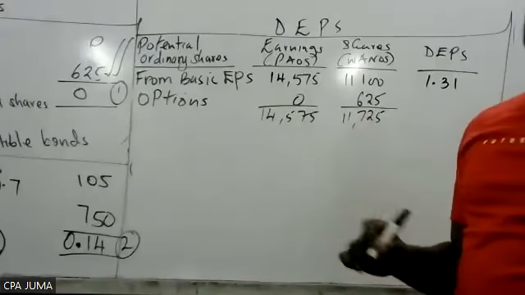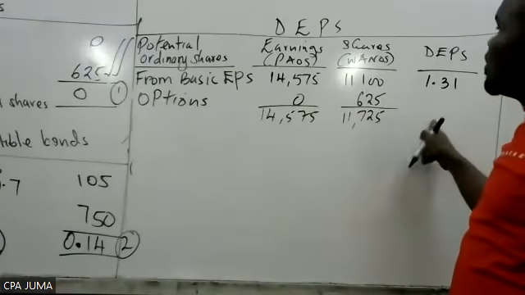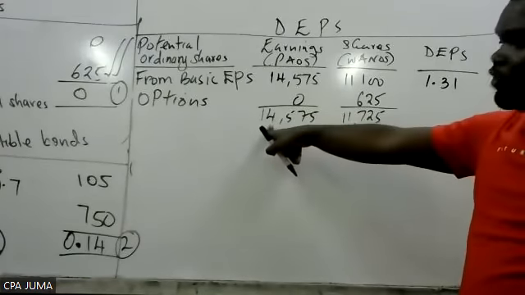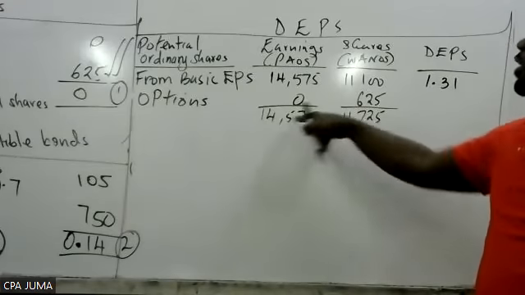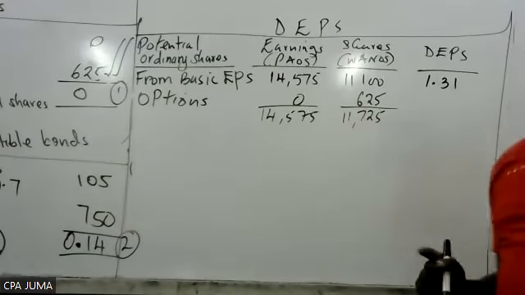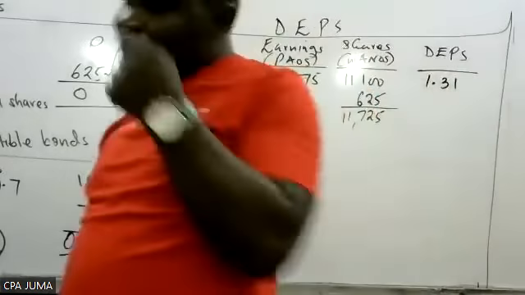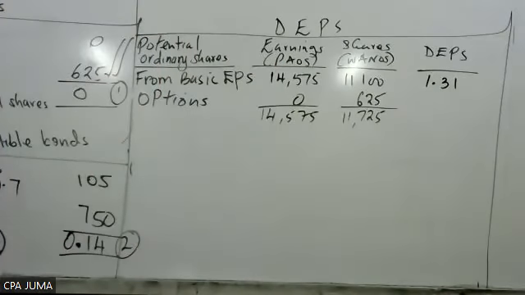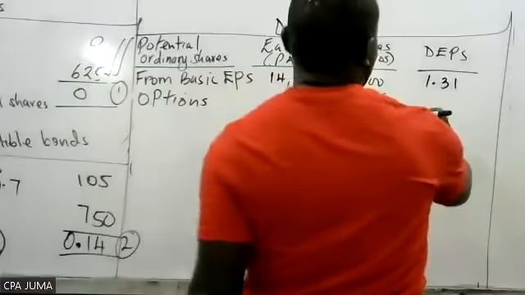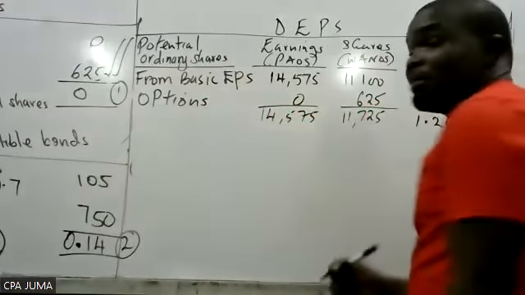So after employees have taken up shares, give me the new EPS. Take now the new position, 14 divided by 11. Give me the new EPS. Kindly. 1.24. Thank you. Dilution has started.